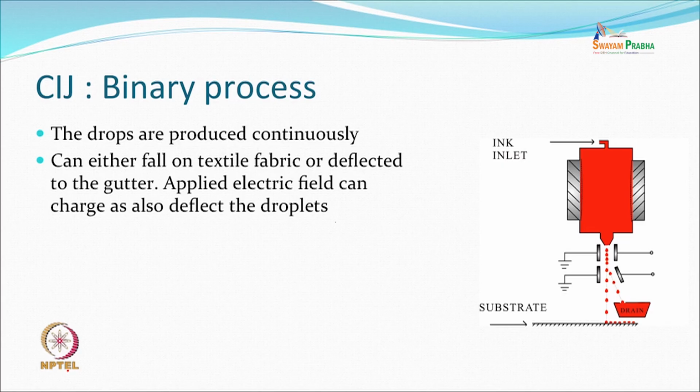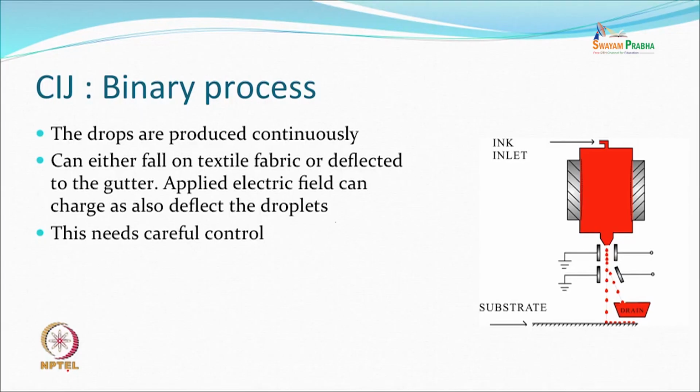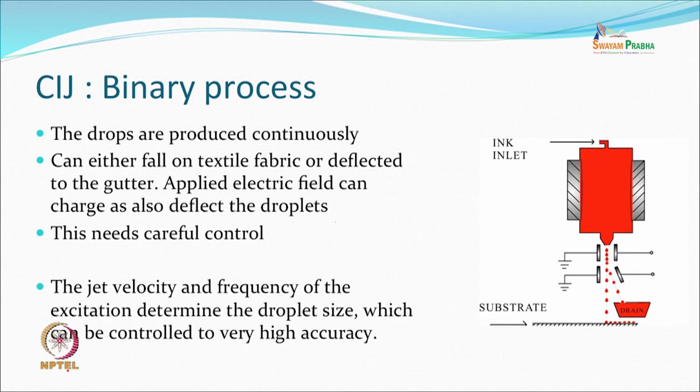There is something similar, as I said, like electrospinning or electrospraying. So one can always charge and make droplets of solutions. Careful control, of course, of the jet velocity and the frequency of excitation.